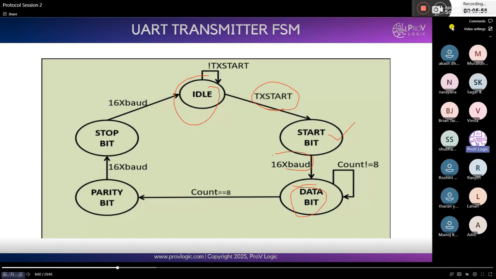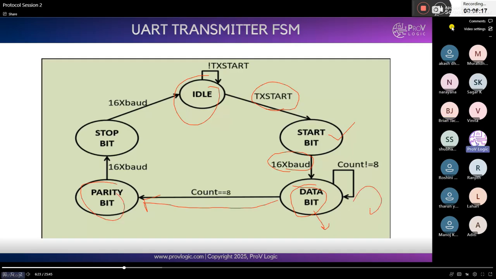How we calculate the baud rate and division we will discuss. Here we are passing 8-bit count data, so your limit is 8-bit data. Once 8-bit data is transmitted, it will go to the parity bit, or else it will keep repeating the loop.